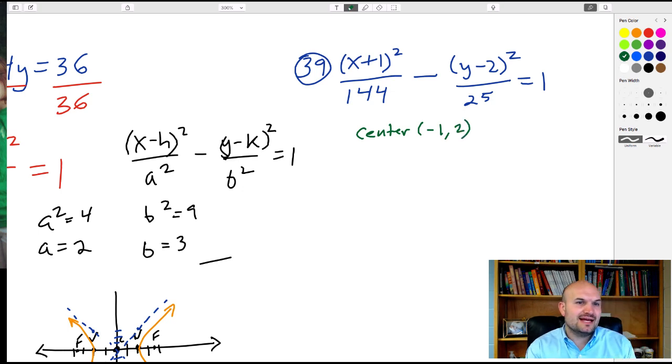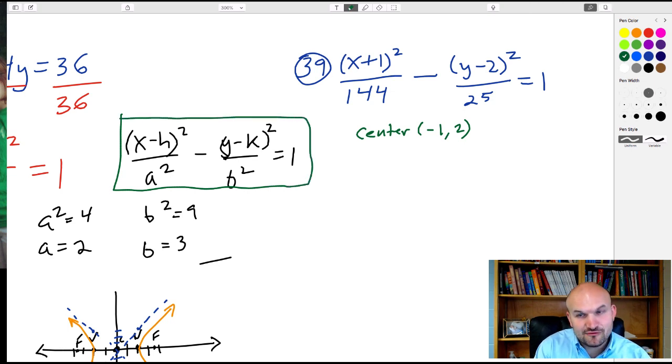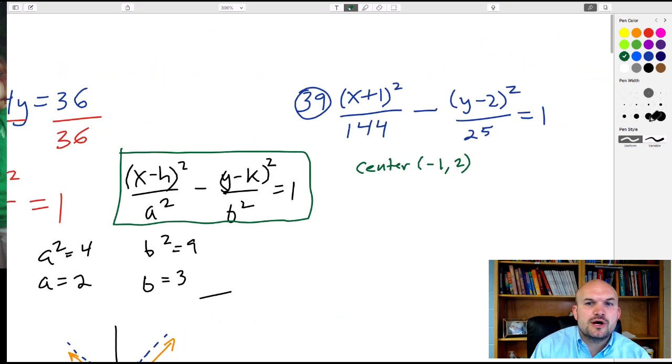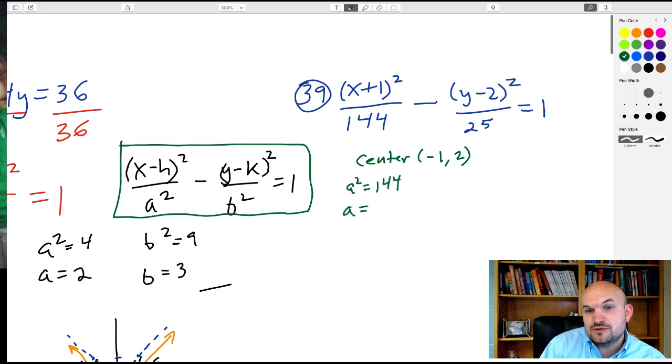Now, noticing this formula, that's the standard form. I don't need to do anything like I did in the last example as far as rewriting it in standard form. So I can just take this standard form, identify my a squared, which in this case is equal to 144. So a is equal to 12. b squared in this example is equal to 25.